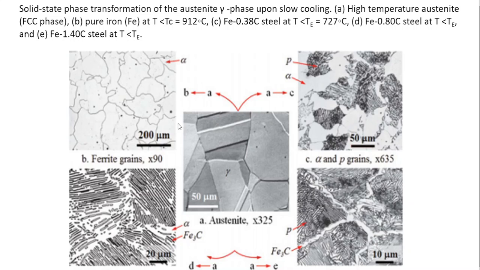You can notice that pro-eutectoid ferrite, which appears white here, has already formed, and so some carbon partitioning has occurred, with the rejection of carbon from this ferrite phase into neighboring austenite, pushing the concentration towards the equilibrium eutectoid composition.